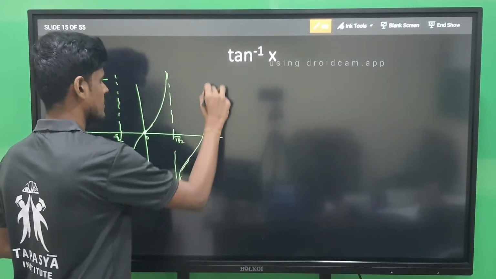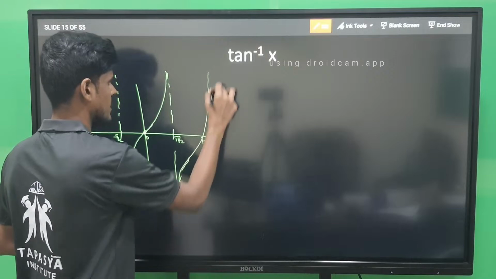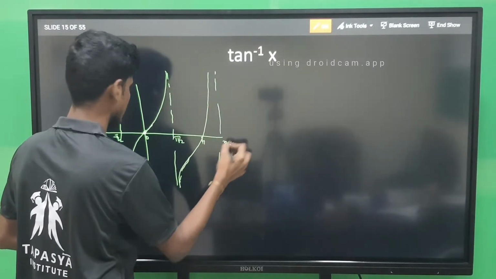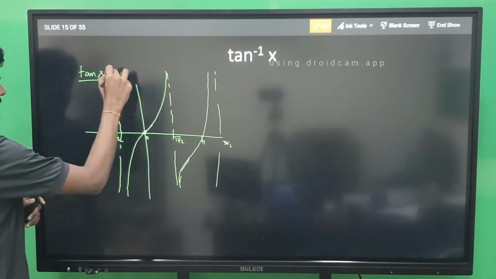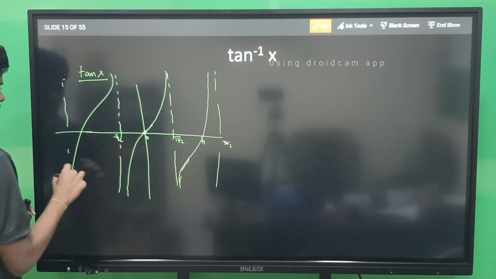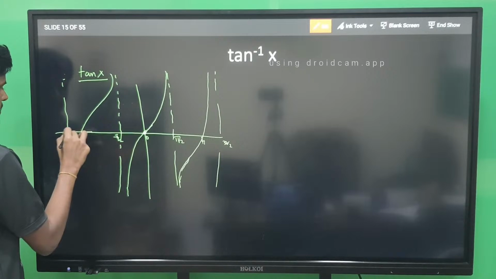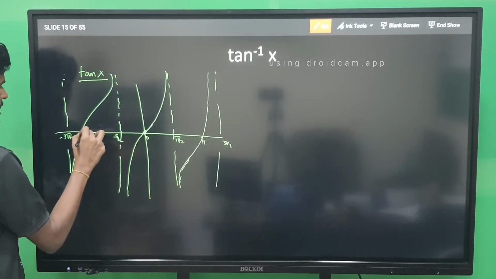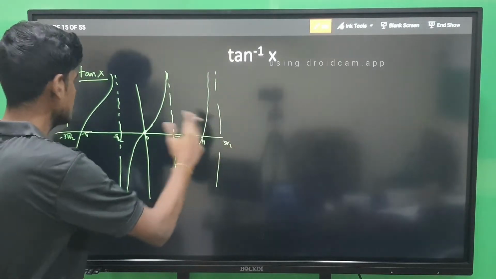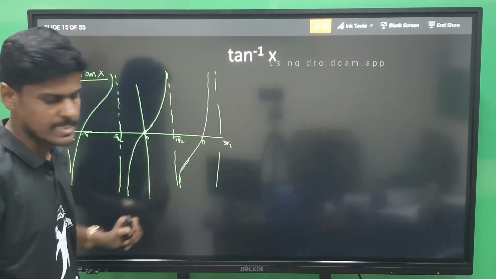So this graph will repeat itself. This is again pi. This value is 3 pi by 2. Similarly, on this side also the graph will look like this. This is minus 3 pi by 2, minus pi by 2. So the graph of tan x is like this.